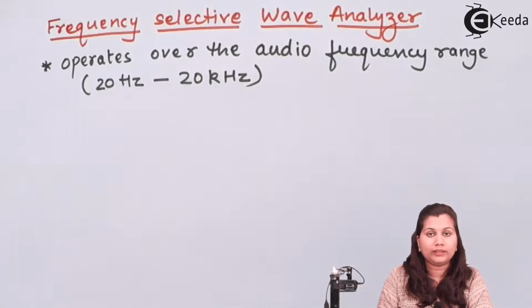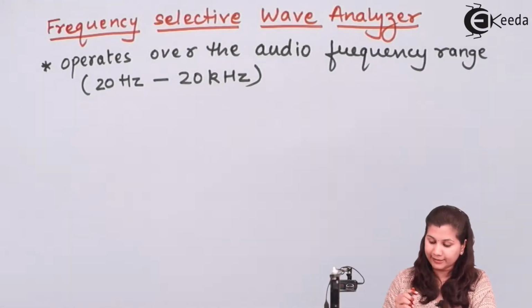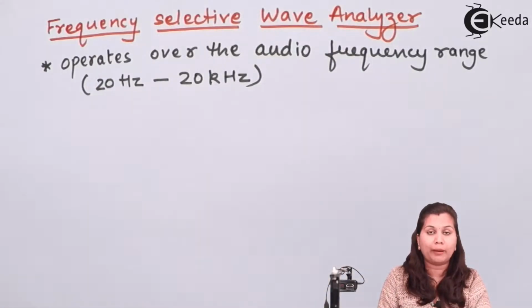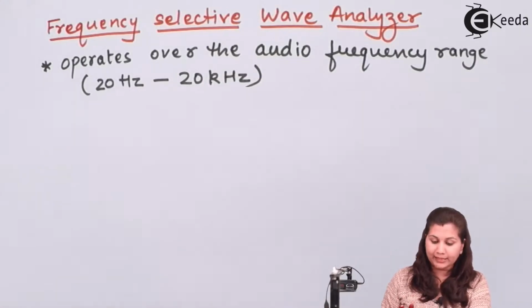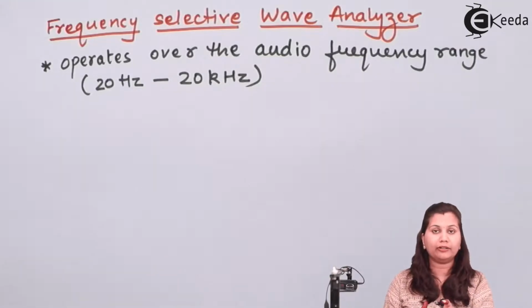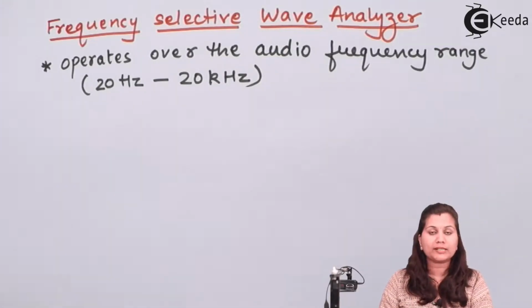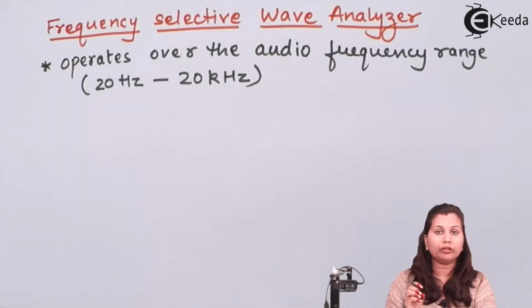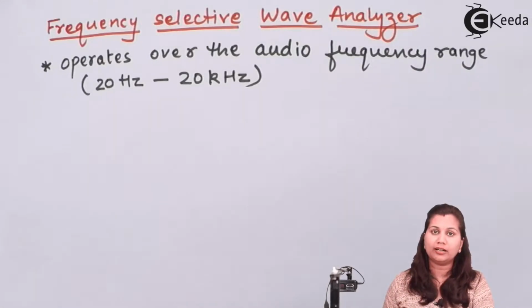As I said, all wave analyzers measure the amplitude at a particular frequency. So how is this single frequency selected? In the frequency selective wave analyzer, we have a very narrow band pass filter. This band pass filter allows only a particular band of frequencies and is tuned to a particular frequency only, so at that frequency component we measure the amplitude.